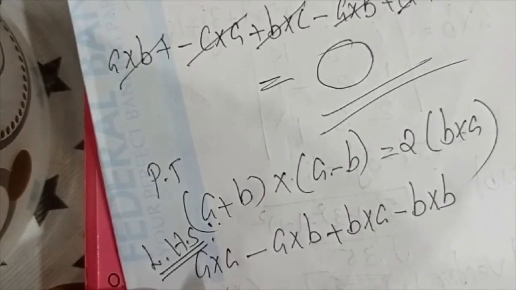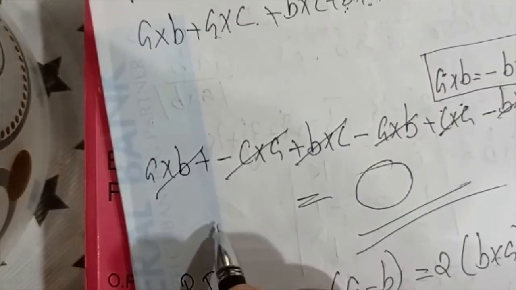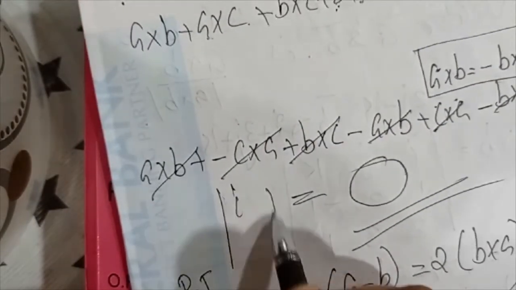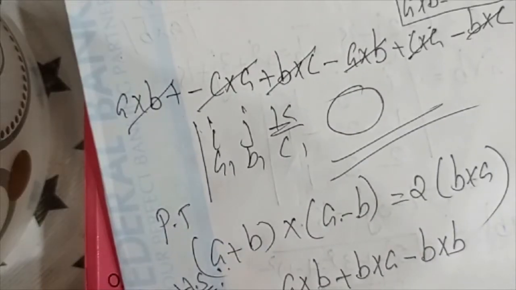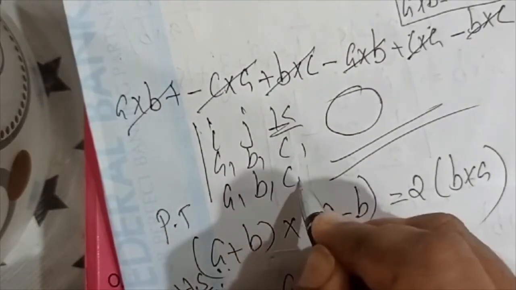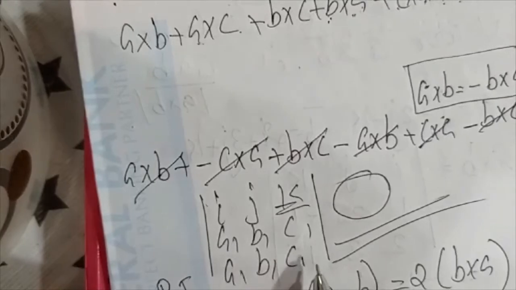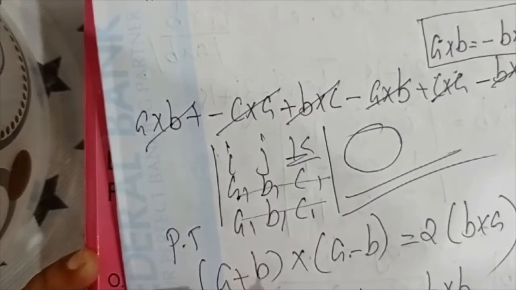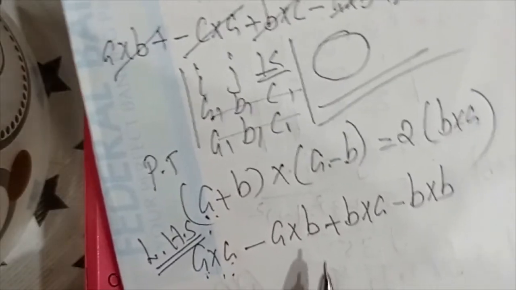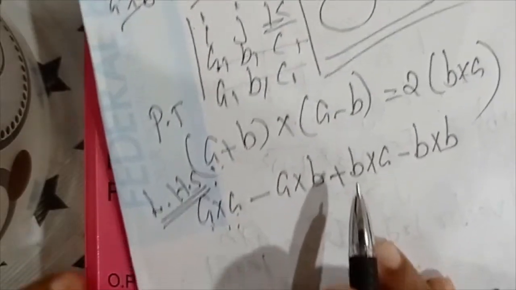Can you say what is the meaning of A cross A? A cross A means, look here, i, j, k, A1, B1, C1. The second row is also A: A1, B1, C1. What is the property? If two rows or two columns are identical, then the value of the determinant is 0.